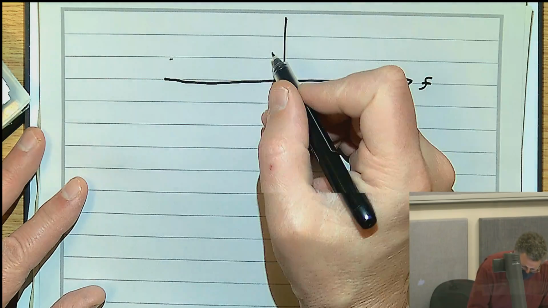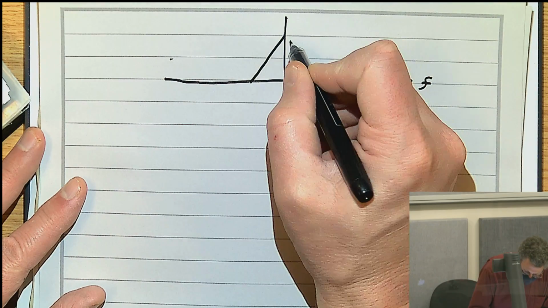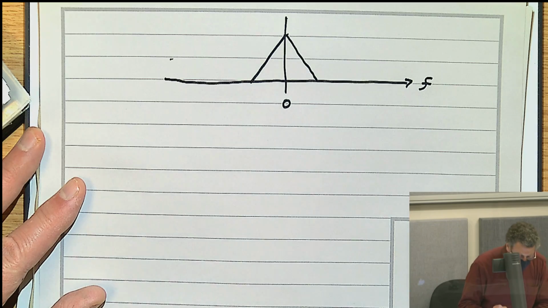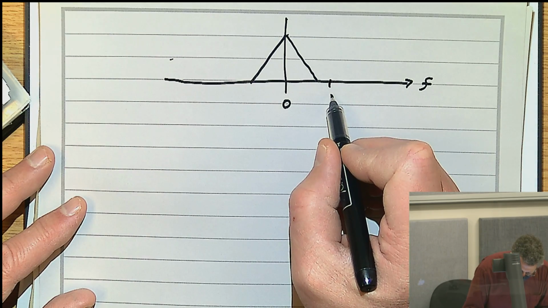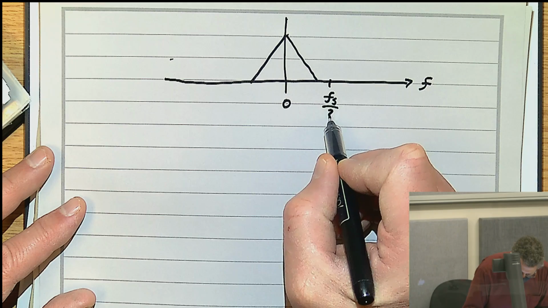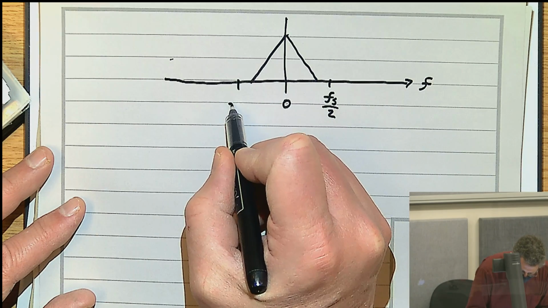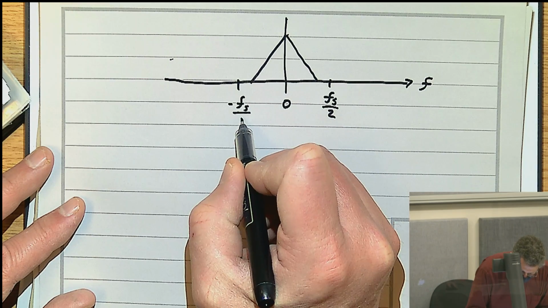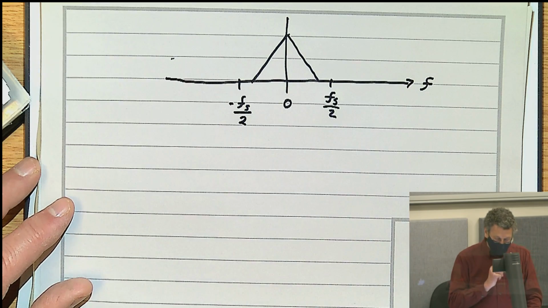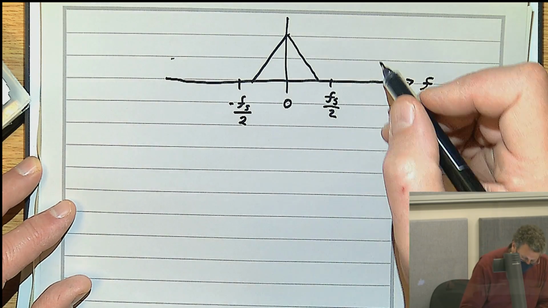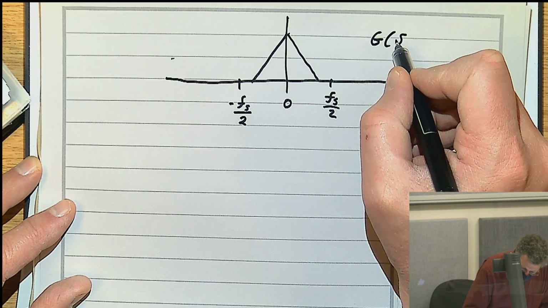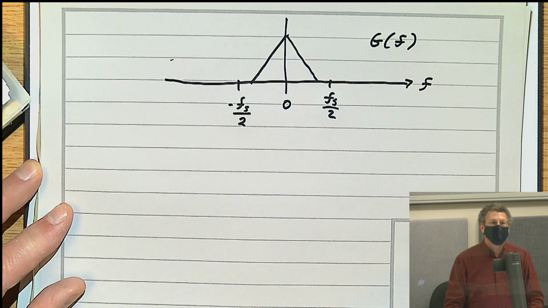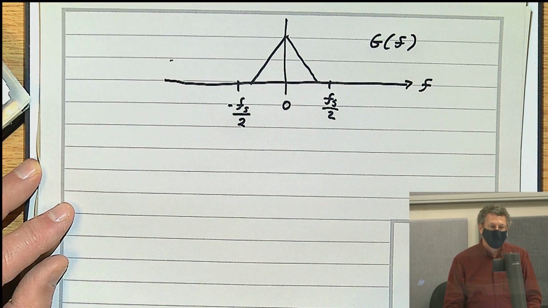And we have some kind of thing. And the sampling rate is Fs over 2, and this is minus Fs over 2. So this is g of t, and this is g of f. It's the Fourier transform of the signal in continuous time.